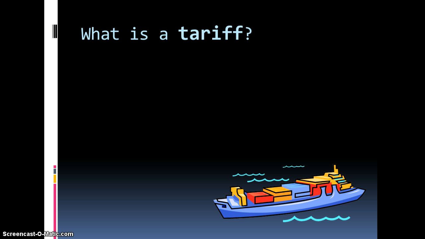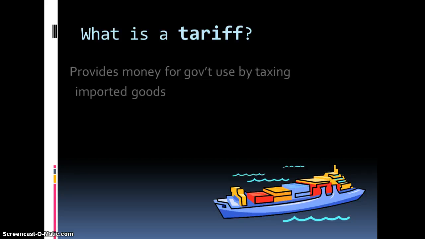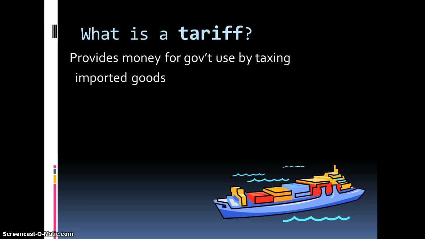What is a tariff? We need to start by talking about tariffs because they are so important and a little bit complicated. A tariff is a tax, and it's a tax on something that is imported.